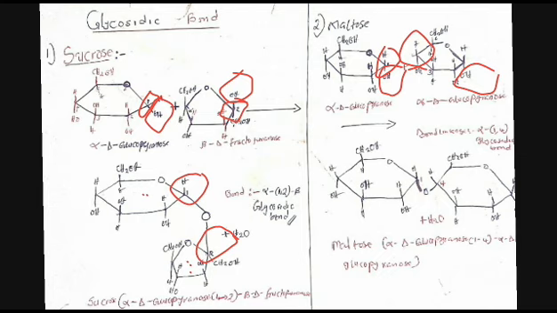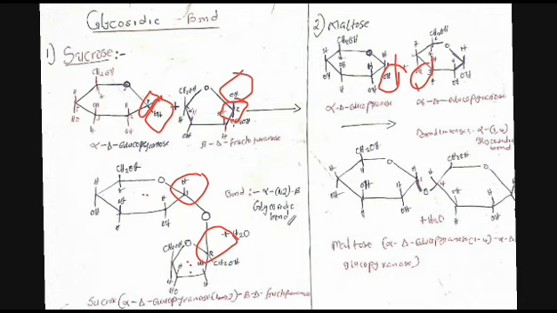The reaction between this OH and this OH, removal of this OH and one hydrogen here, will form the glycosidic bond.